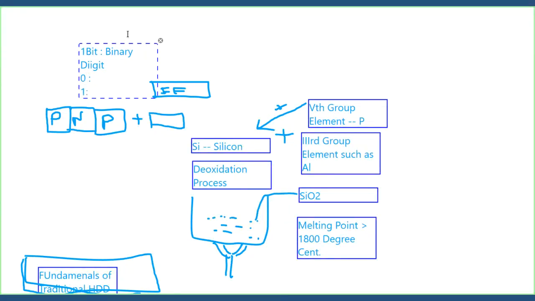So what is basically zero and what is one? Normally, in digital electronics language, zero is off and one is on, or false and true. But actually, when a computer processes data, it processes the data in the form of zero and one only.